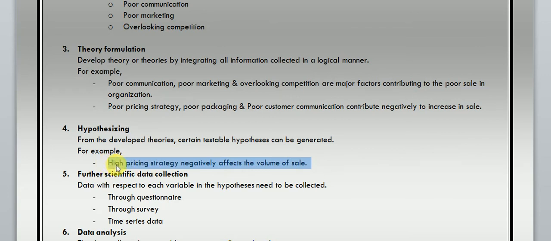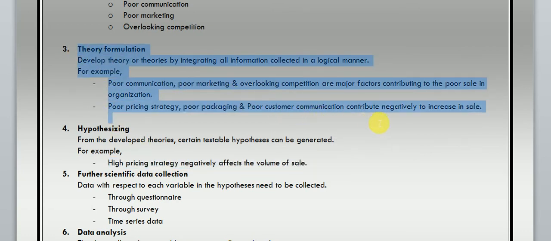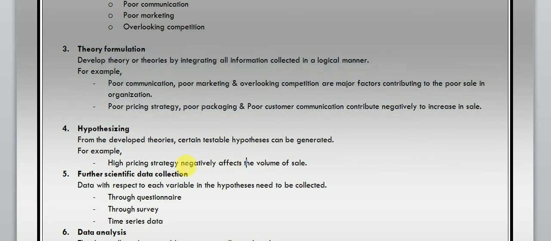You can make many hypotheses, like poor packaging can affect the sale negatively, or poor customer communication can affect the sale negatively. But whenever you develop a hypothesis, you have to develop it out of the theory you have formulated.